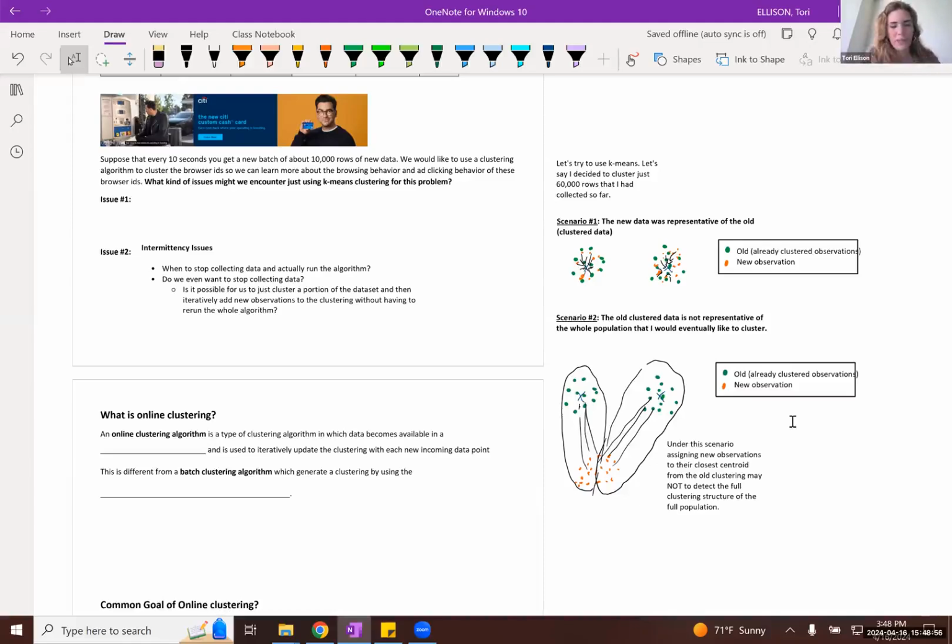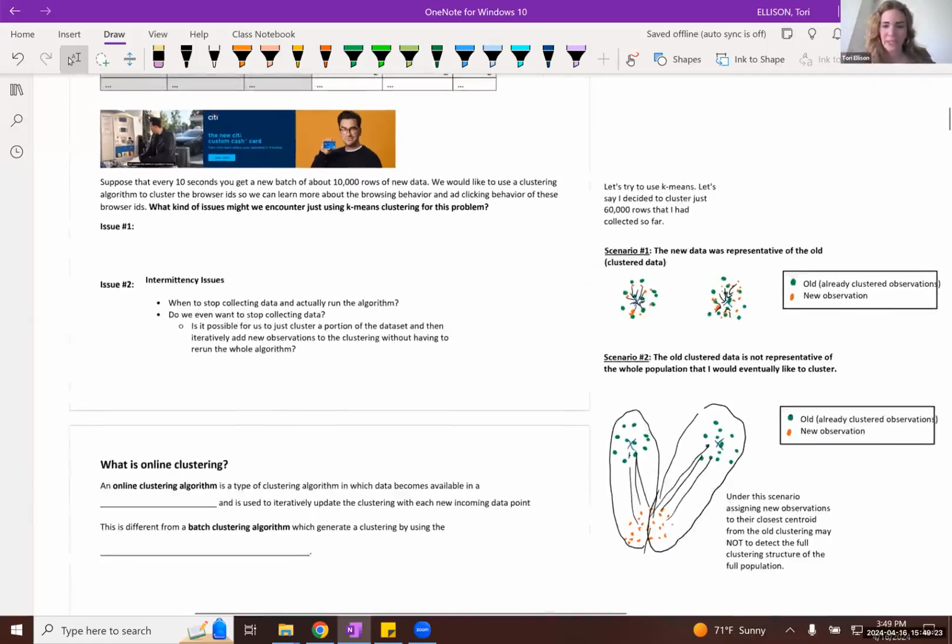So because of that, we want to be able to design clustering algorithms which can, one, iteratively adapt the clustering structure, but number two, are not as bound to the clustering structure that was essentially observed in the first few batches. So that's going to be one of our wish list goals for these two new online clustering algorithms that we're going to be introducing this week.